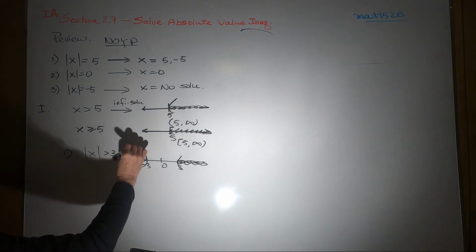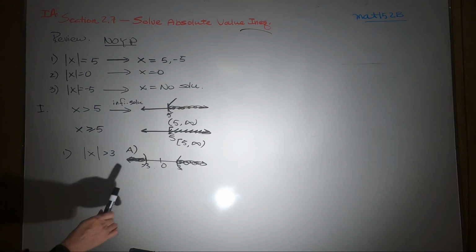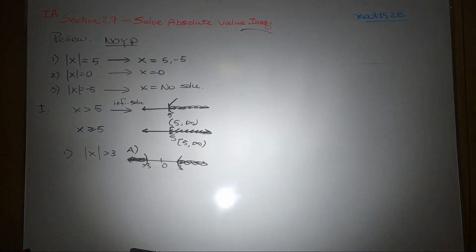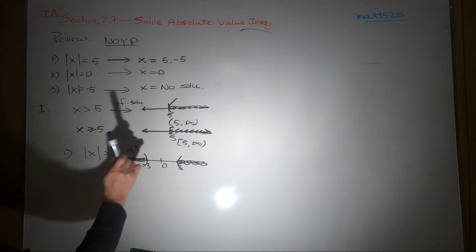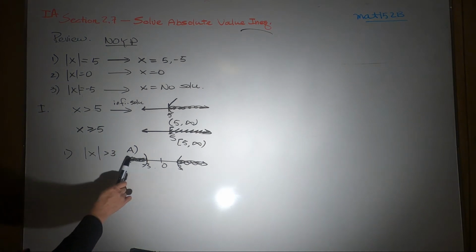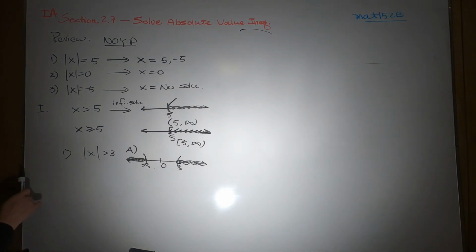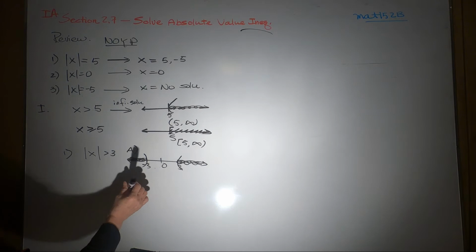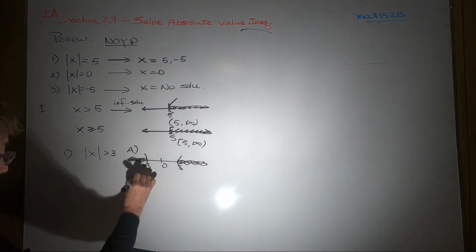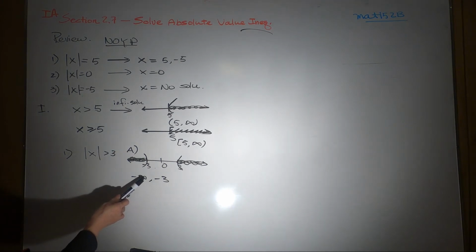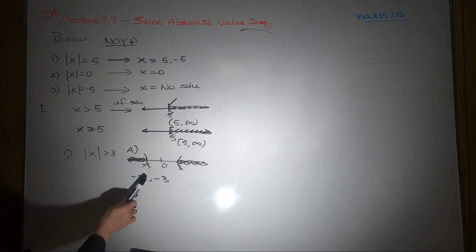So first, we will write the graphs for the solutions. Then next, we will write the interval notation. Here is -3 all the way to negative infinity, right? But we have to write from the smaller number to the larger number.